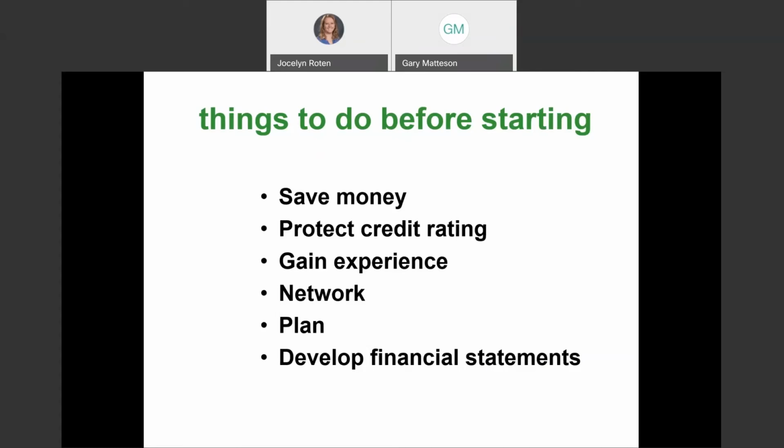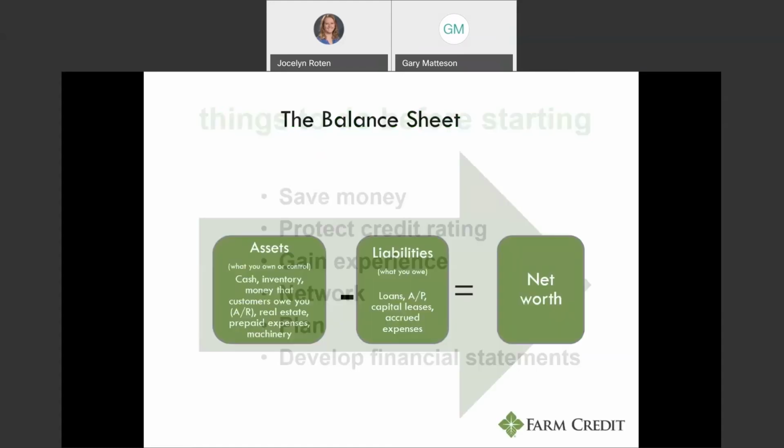And even before you are operating a farm business, to get used to the idea of developing some financial statements, such as a balance sheet, is extremely important, because a balance sheet is essential for going to a lender and seeking to enter into that lending contract that is essentially a long-term partnership.